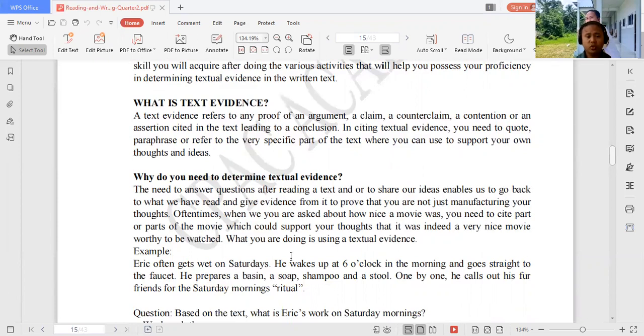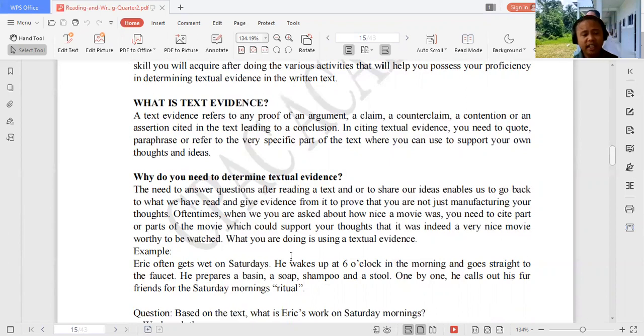Oftentimes, when you are asked about how nice a movie was, you need to cite part or parts of the movie which could support your thoughts that it was indeed a very nice movie worthy to be watched. What I'm doing is using a textual evidence.